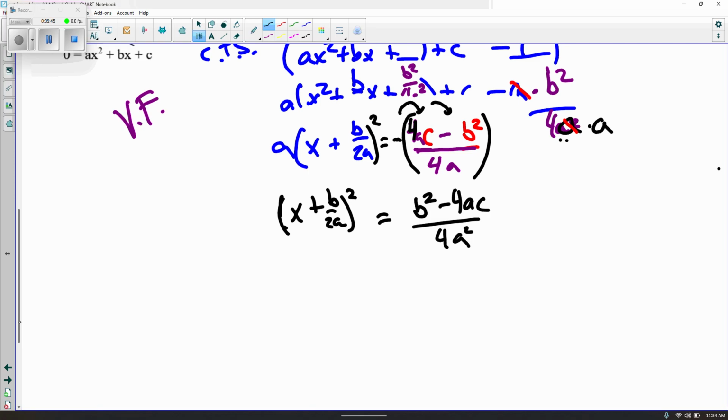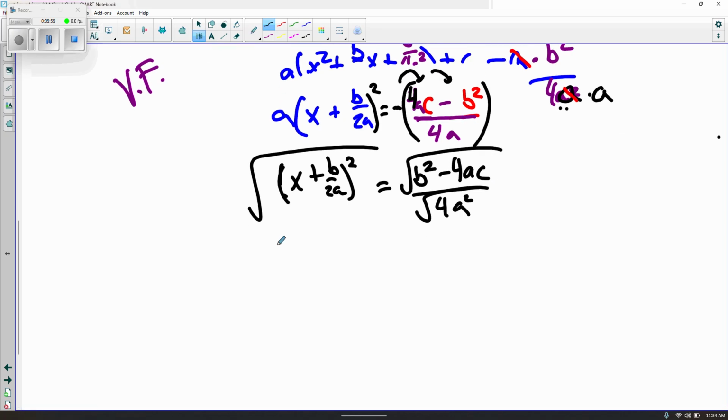You know what's next, don't you? Piecewise is coming up. Square root, square root, square root. Absolute value of x plus b over 2a equals the square root of b squared minus 4ac all over 2a.